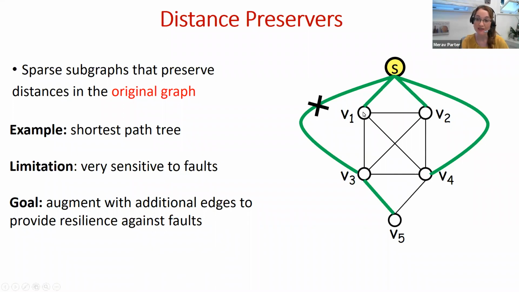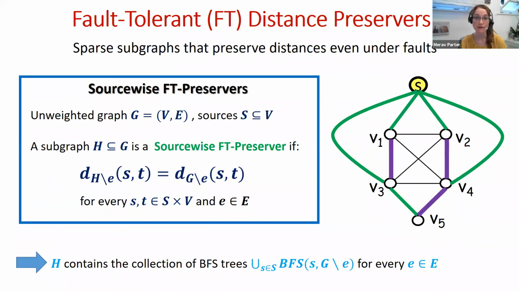For example, if we just add this edge between V1 and V3, maybe our situation would be better. So our goal in the fault-tolerant setting is to augment the standard distance preservers with additional edges, but not too many, so that they will still maintain distances under faults.